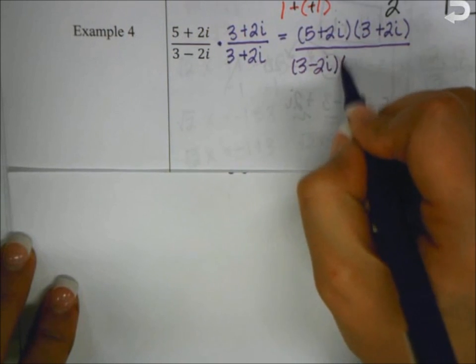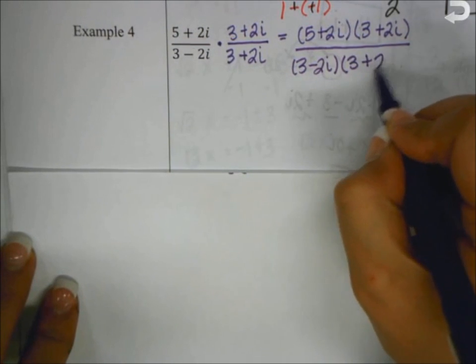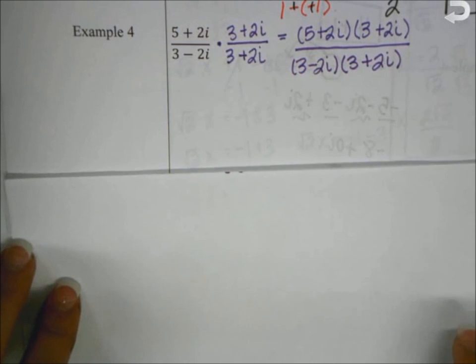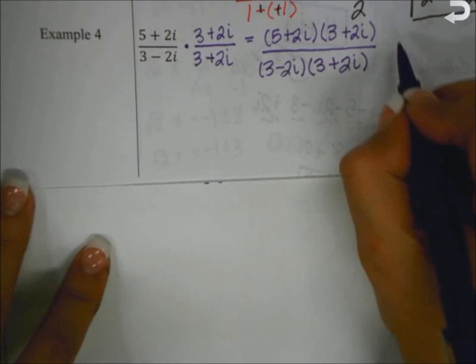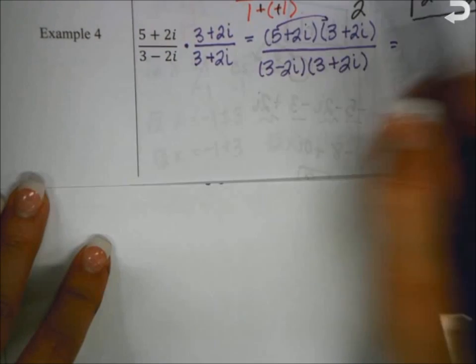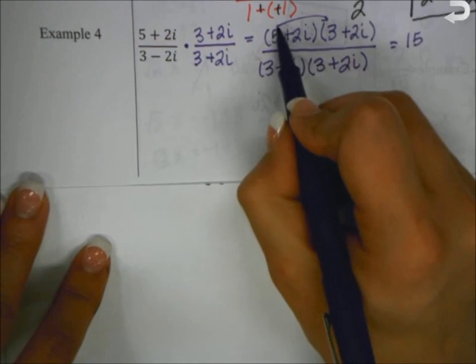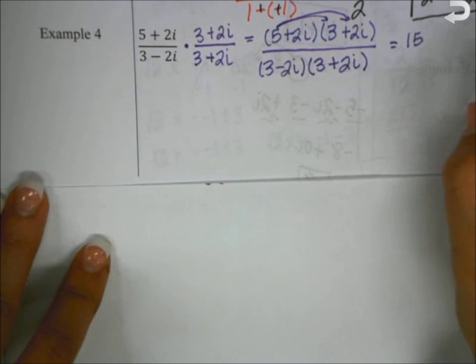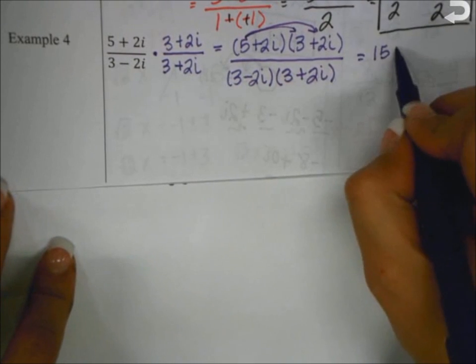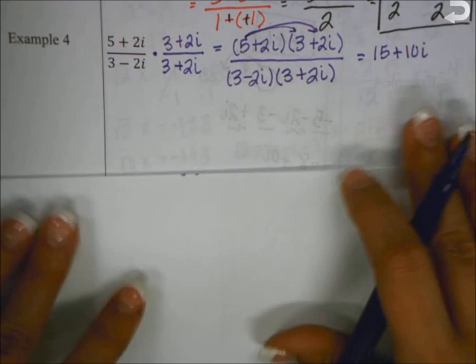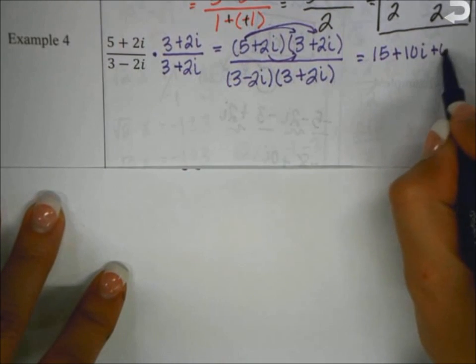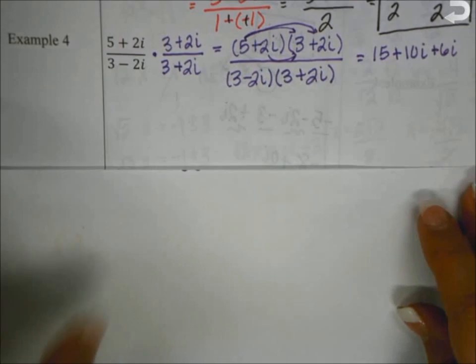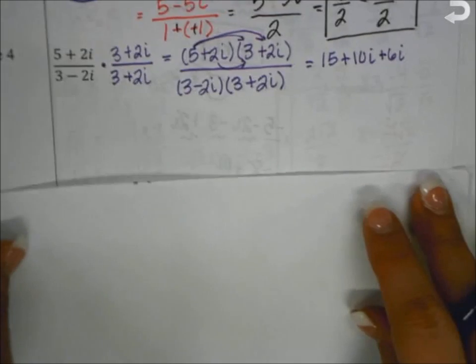That's going to give me 5 times 3 is 15. 5 times 2i is positive 10i. 2i times 3 is positive 6i. And 2i times 2i is positive 4i squared.